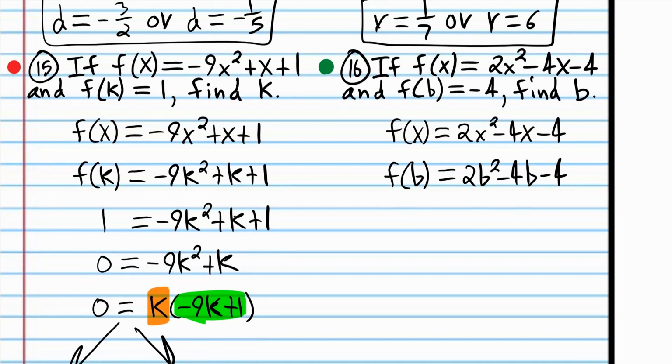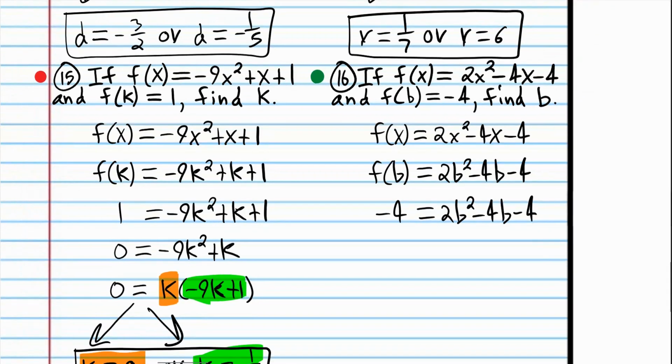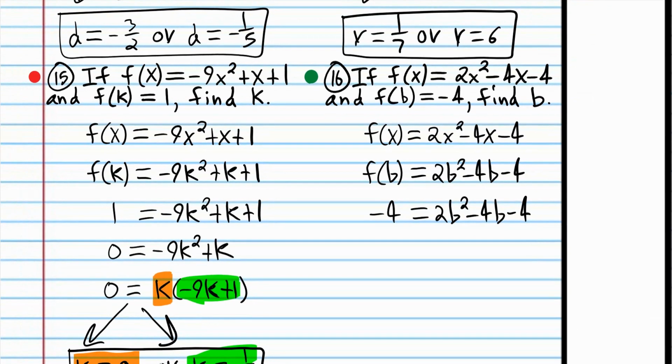And we're told that if we plug in b into the function, our output is negative 4. So I wrote the same equation, but instead of f of b, I wrote negative 4.